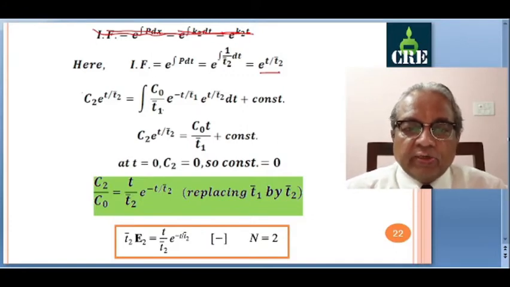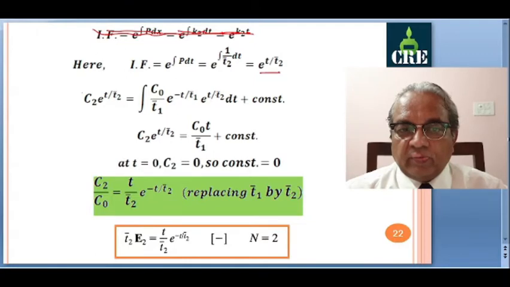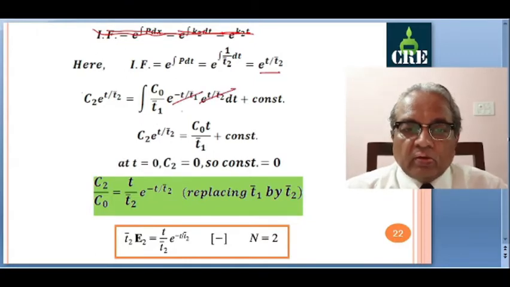So before that, evaluate this integral. This is minus t by T1 bar and this is plus t by T2 bar, and T2 is equal to T1, so this will cancel out. What is left? C0 by T1 bar dt. Integral dt is t. So C0 by T1 bar into t plus constant.